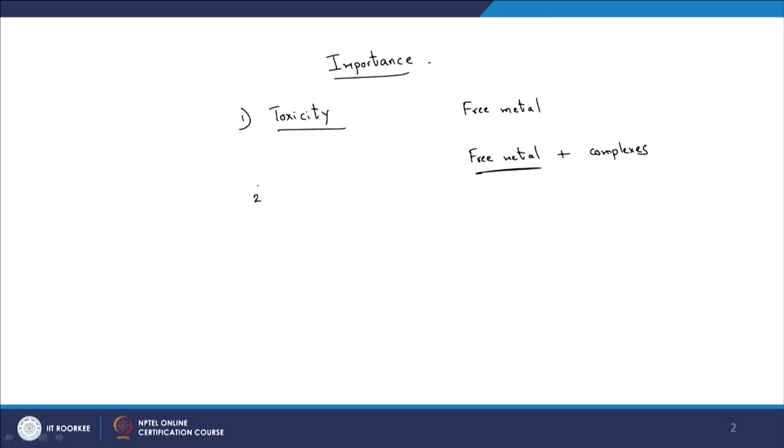The second case is with respect to solubility. You might have noticed in your freshman chemistry practical class that you take a solution and keep adding some salts, and at a certain point you see residue or precipitation at the bottom of your beaker, or the sides, depending on the kind of solution.